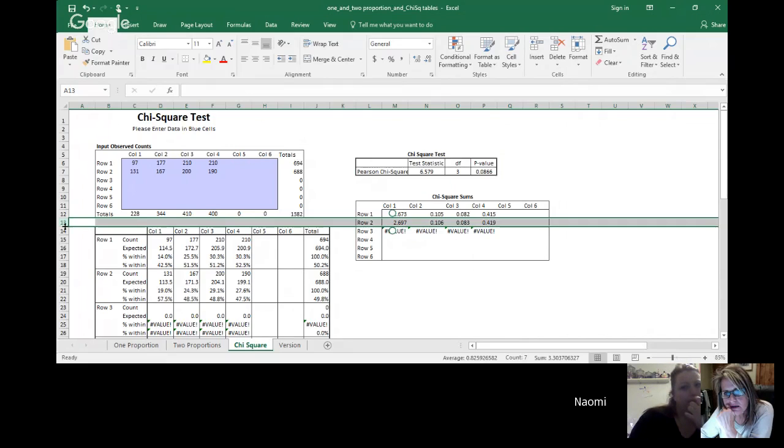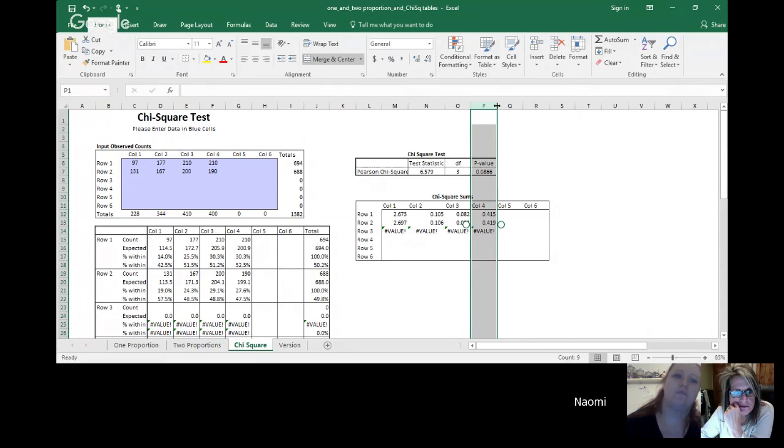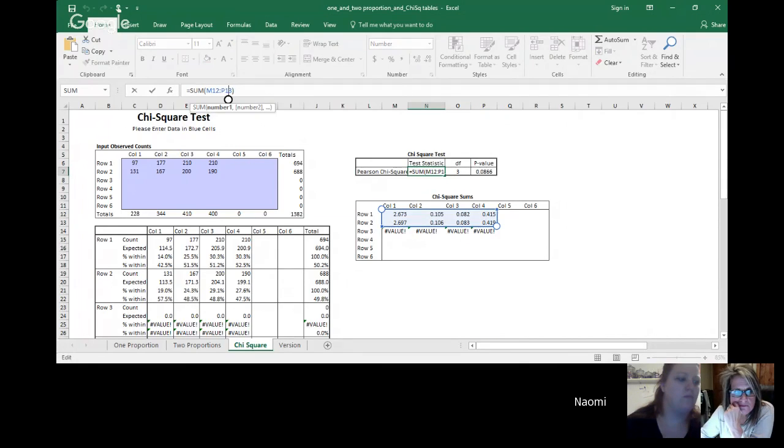So that's the last row of data I have down here under the chi-square sums box, which is on the bottom. Okay, and then I just sort of made a guess. Oh, okay, good. So P was right and 13 was right. So P13 is what it has to be up here. You see the sum? So the first, M12 through P13. Does that make sense? Yeah.